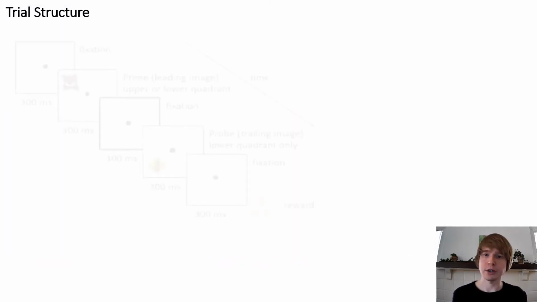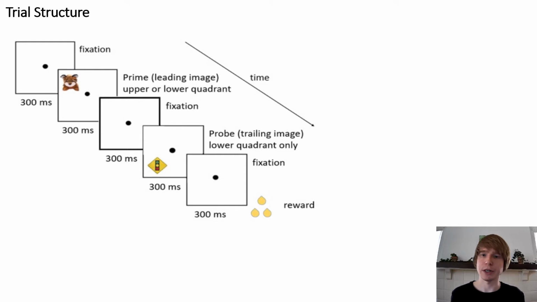The sequence within a trial was a fixation period of 300 milliseconds, a 300 millisecond prime presentation, which could appear in either the upper or lower quadrants of the screen, a 300 millisecond interstimulus fixation period, followed by a probe presentation for 300 milliseconds, in which it could match the prime in either location, identity, both or neither attribute, followed by a post-stimulus fixation, and finally by a juice reward.